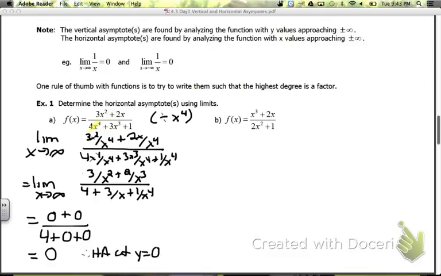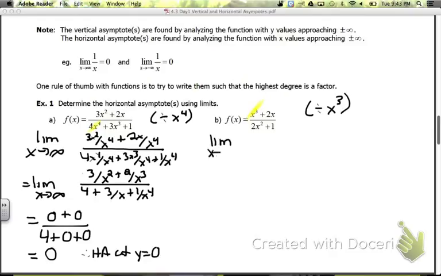Okay, so in B here we have f of x equals x cubed plus 2x all over 2x squared plus x. Our highest degree here is x cubed, so you're going to divide each term by x cubed.